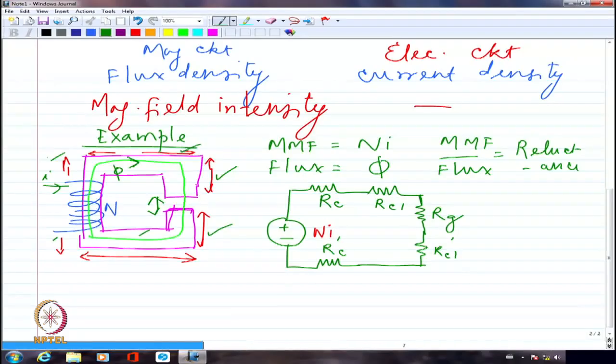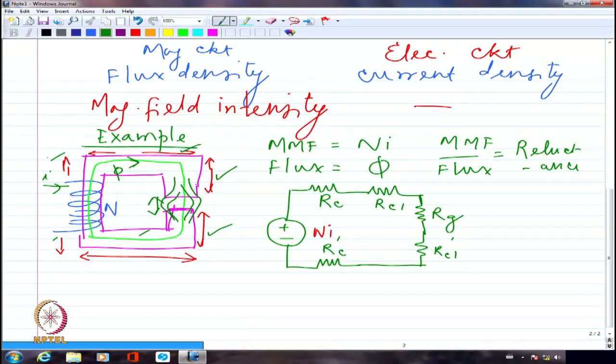Actually speaking, at this point where the air gap is, because the reluctance is higher here, I should have expected the flux to diminish. But what is going to happen is, in all probability, these lines of flux will try to bulge here so that they cover a larger cross-sectional area.